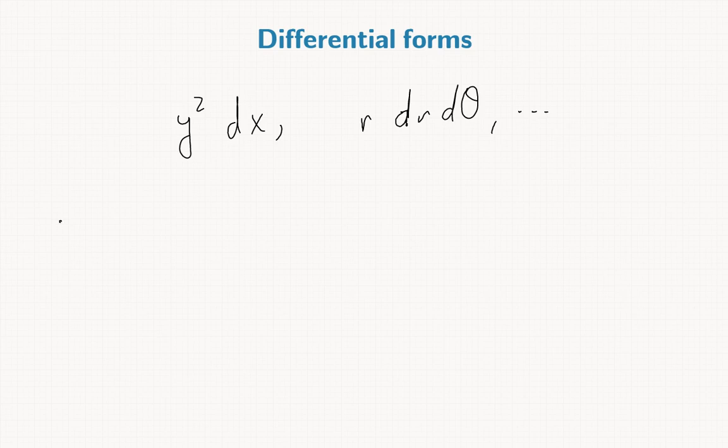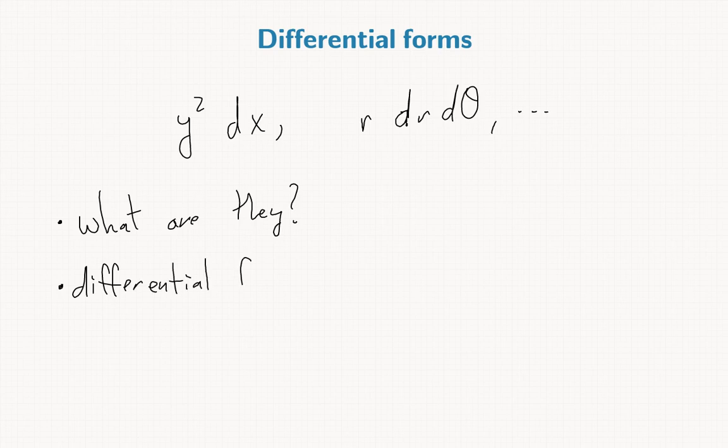So I'll talk about first, what are they? Then differential forms versus vector fields. Since in what we've been doing so far, we've kind of been treating these as the same.